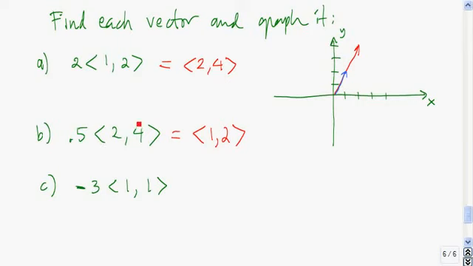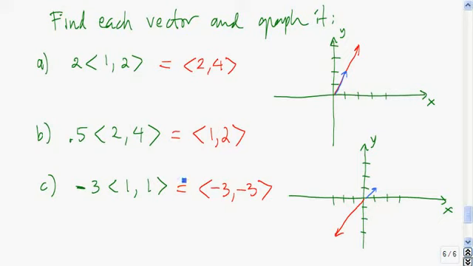So if you multiply a vector by a fraction less than 1, you shrink the vector. If you multiply a vector by a number greater than 1, you're stretching the vector. In both cases, the resultant vector is pointing in the exact same direction. It just has a different magnitude.